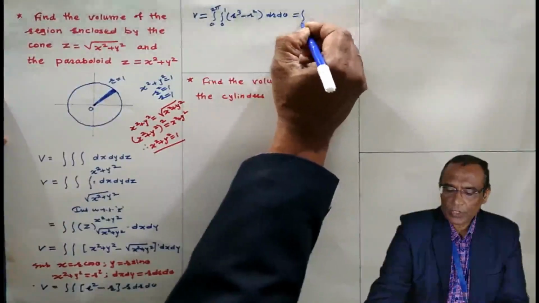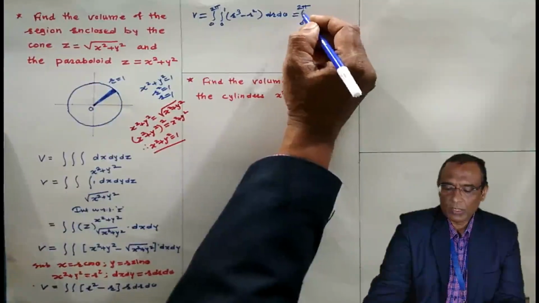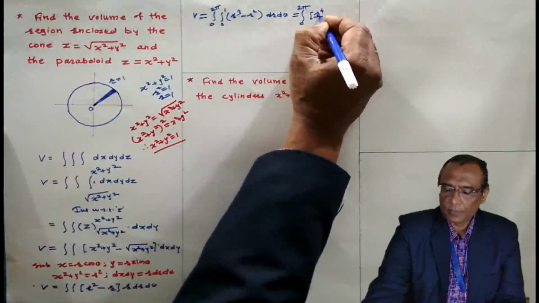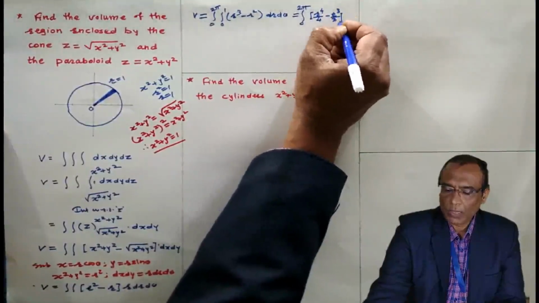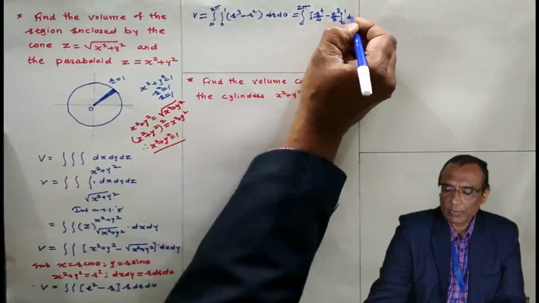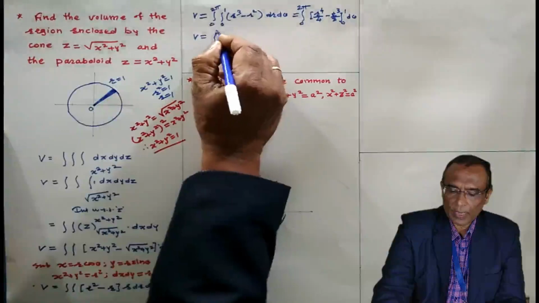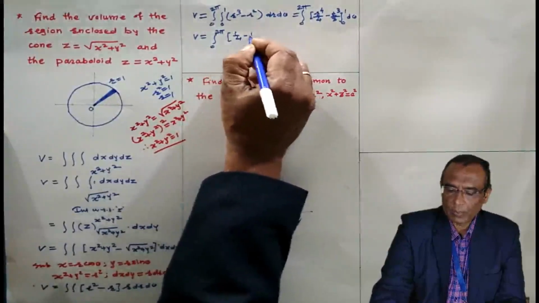Now integrate with respect to r. Here in polar, the order of integration is fixed. Let us integrate with respect to r first. Then r raised to power 4 by 4, integral of r square is r cube by 3, lower limit is 0 and upper limit is 1, d theta will remain. Put upper limit and lower limit 0 to 2 pi as it is. It is 1 by 4 minus 1 by 3.